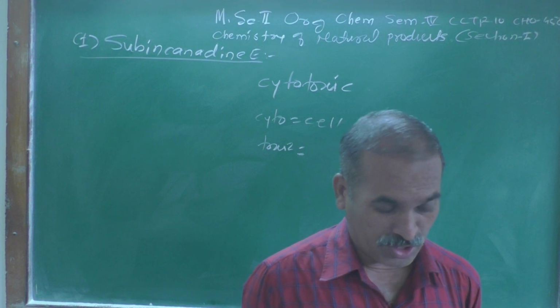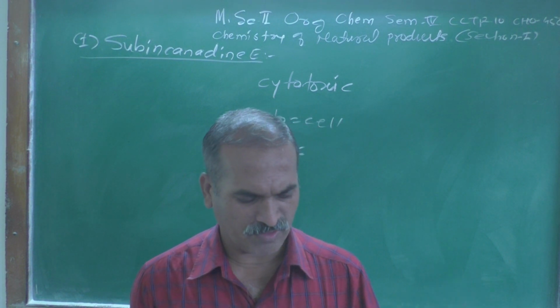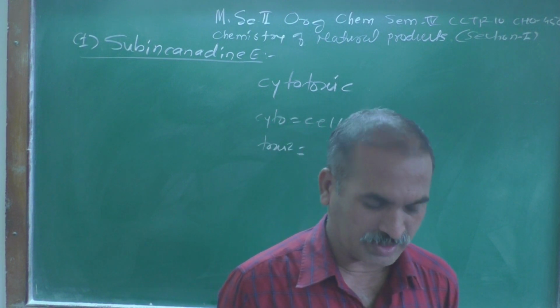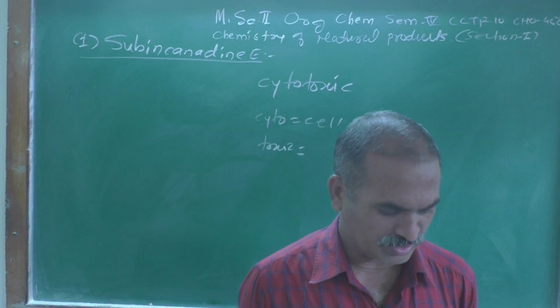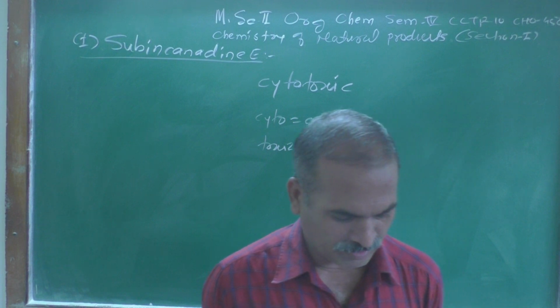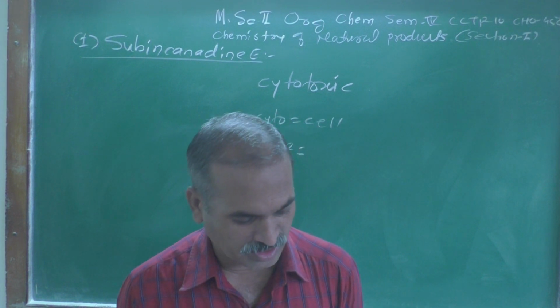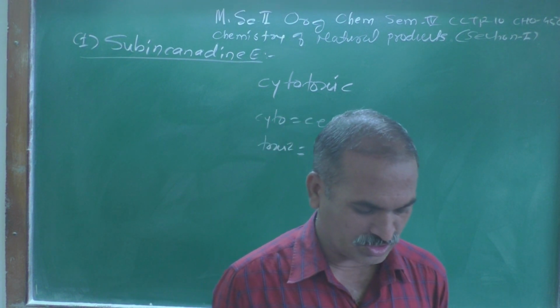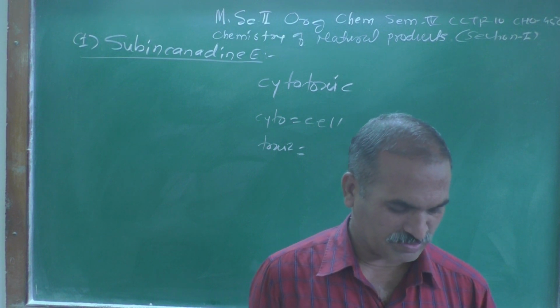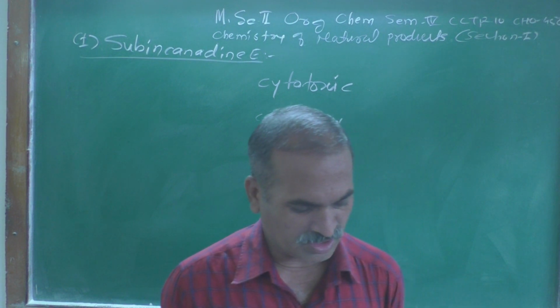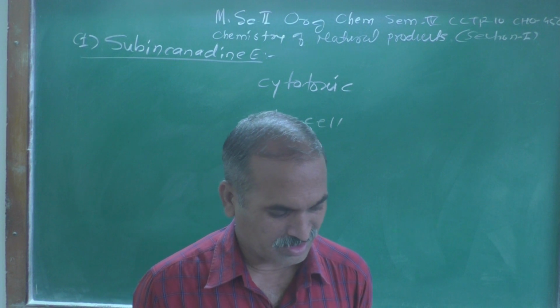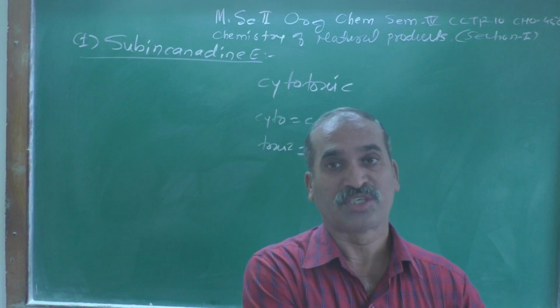Chemotherapy and radiotherapy are forms of cytotoxic therapy, and they kill cells. The prefix cyto denotes a cell, and cytotoxic refers to a substance or process which results in cell damage or cell death.